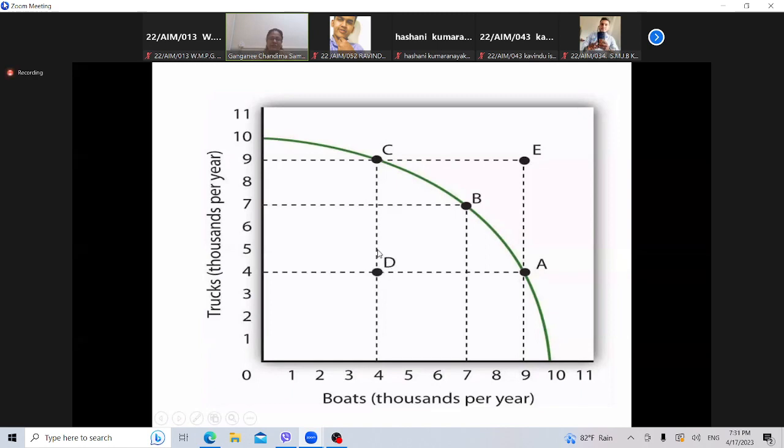Is it efficient? Point D? Kavindu, is point D efficient or not? Hashani, what's your answer?